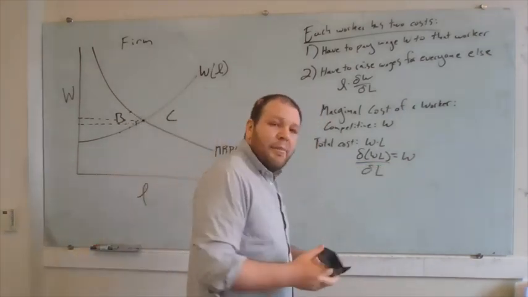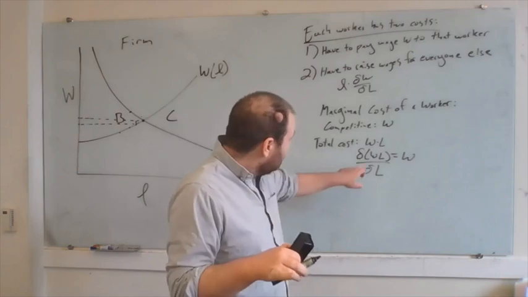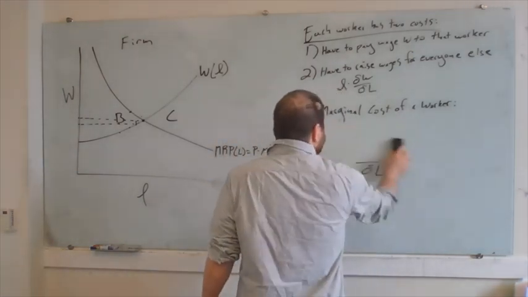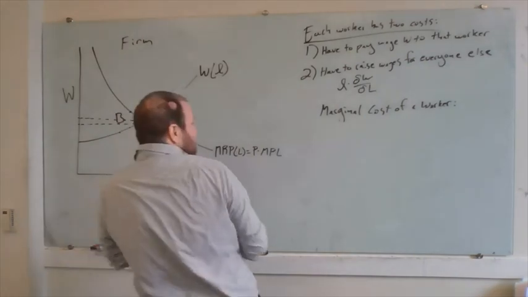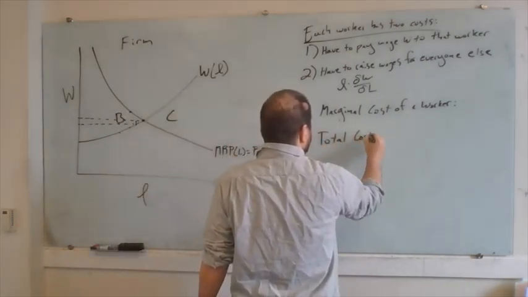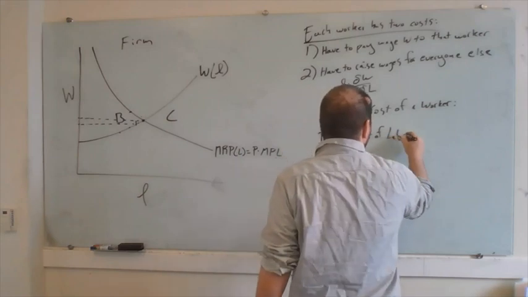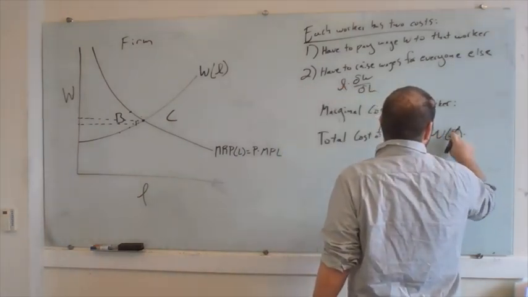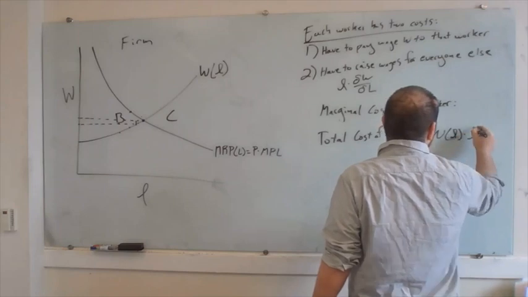In a non-competitive market, this isn't going to be true because now W depends on L, right? So we can do exactly the same thing. We can say that the total cost of labor is going to be W times L, W of L times L, right?